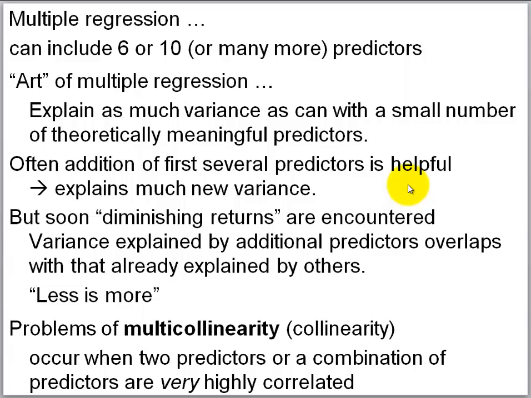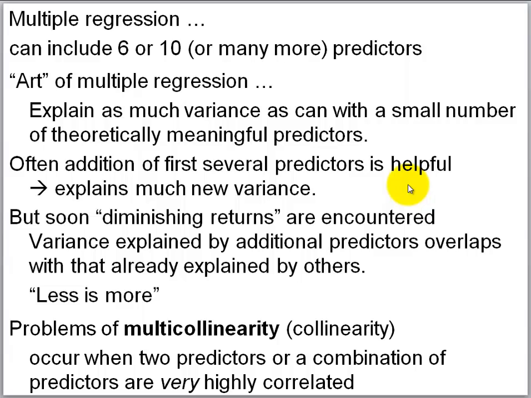But what can often happen as you get more than 2 or 3 predictors is that you start to reach a point of diminishing returns. That is, as you add new predictors, the variance explained by these new predictors tends to overlap more and more with variance explained by predictors already in the equation. This happens increasingly as you get more and more predictors in the equation.